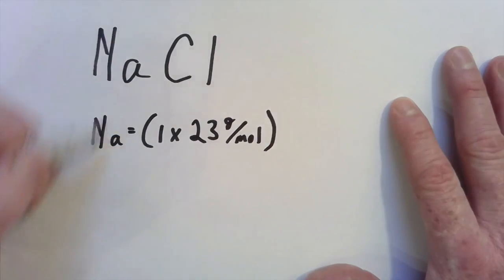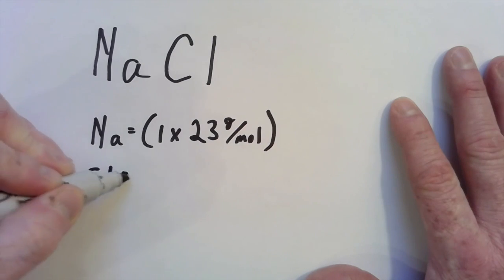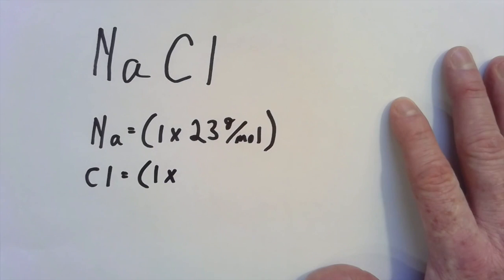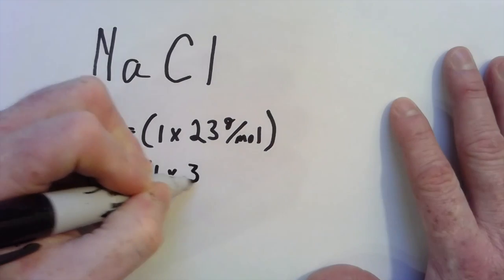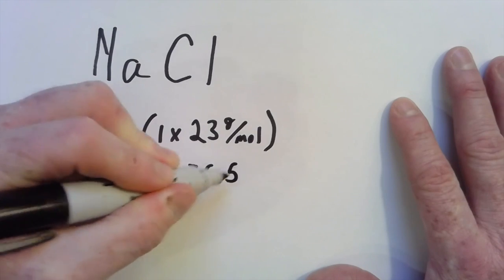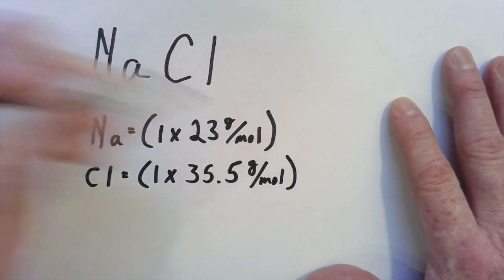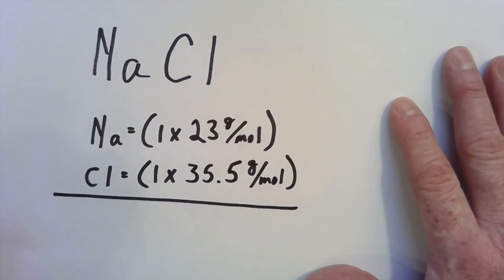I'm going to now look at chlorine. And chlorine, again, there's only one atom of it. I'm going to multiply that by chlorine's atomic mass, which is its molar mass, 35.45. We can go ahead and say 35.5 grams per mole. Now that we have that, we can simply add the two together.